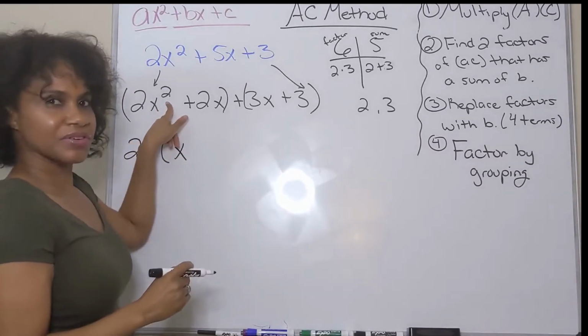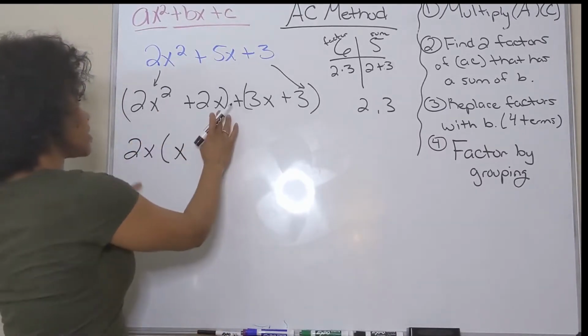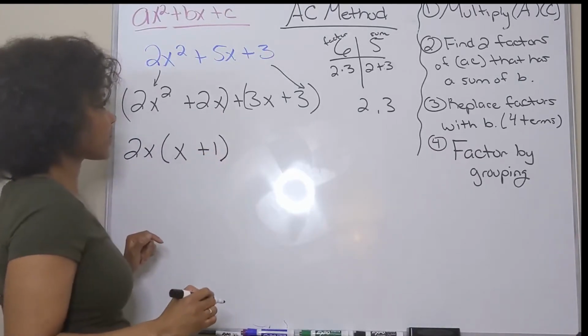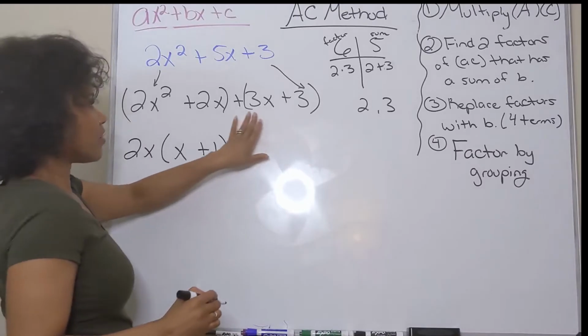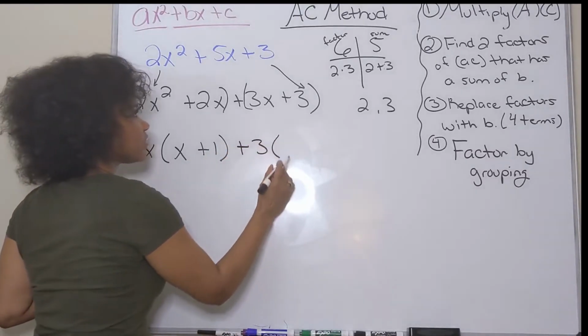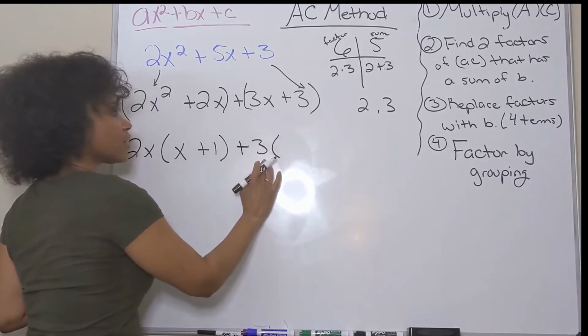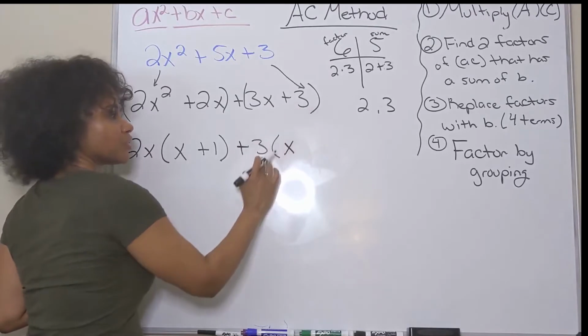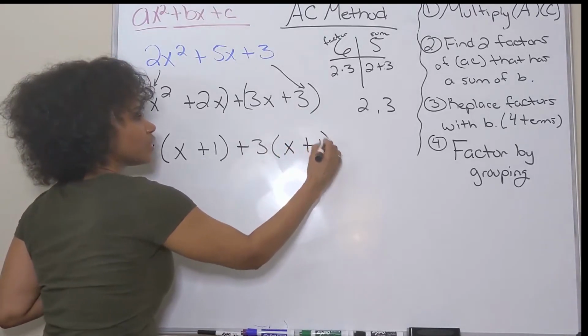So I took away one of those x's there. 2x divided by 2x is just 1. Alright. Here, the greatest common factor is 3. So I factor out the 3. 3x divided by 3, the 3's cancel out. I'm left with x. And of course, 3 divided by 3 is 1.